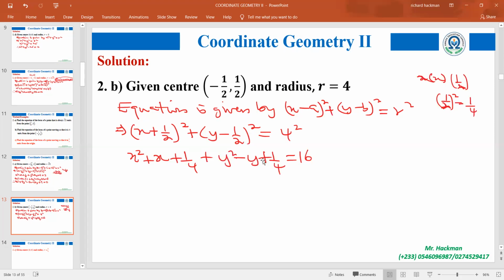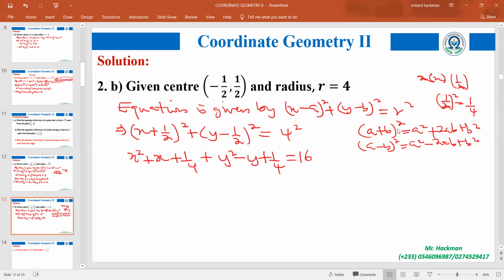Yes, so anytime you expand a binomial squared, your first term and your last term will be positive. It is your second term that depends on the sign here. Remember, (a plus b) squared is equal to a squared plus 2ab plus b squared. And (a minus b) squared gives the identity a squared minus 2ab plus b squared.